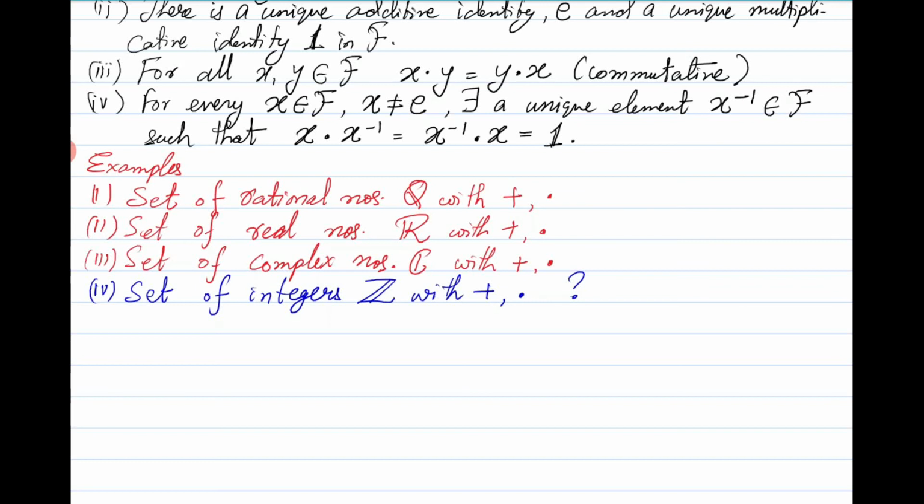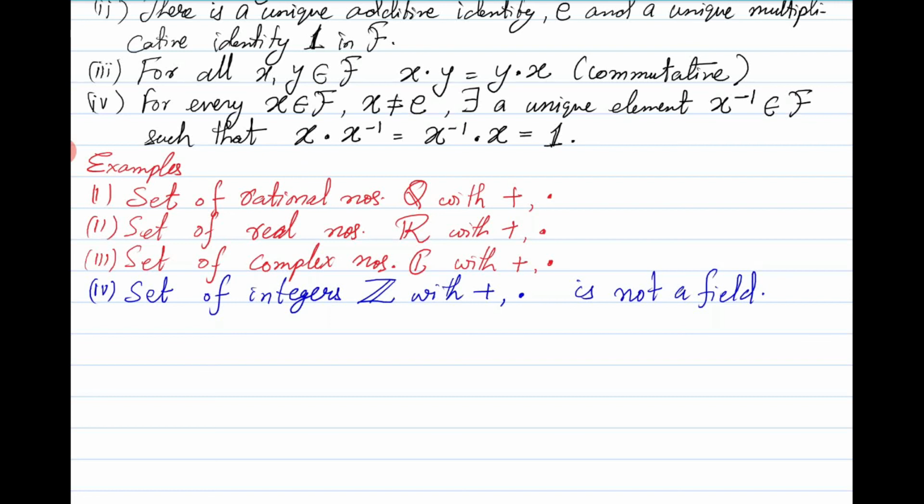In fact, if you look at 3, 4, 5, 6, or minus 2, minus 3, minus 4, minus 5, and so on, for all these you do not have a multiplicative inverse in the set Z itself. So Z is not a field when we use the conventional definition of addition and product operation.